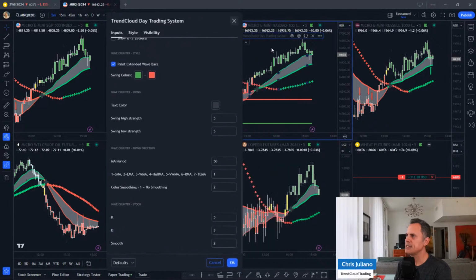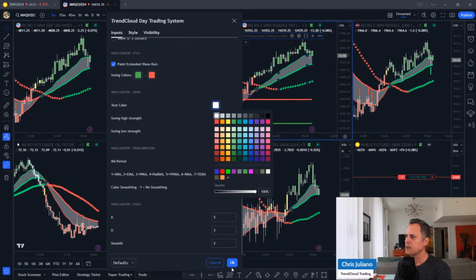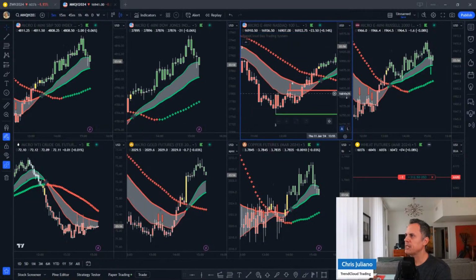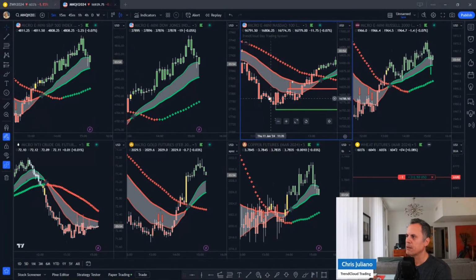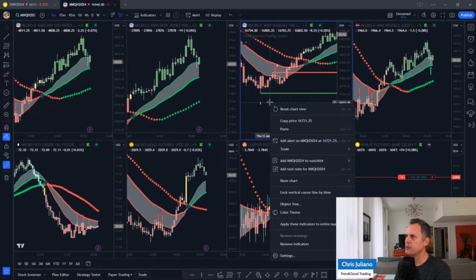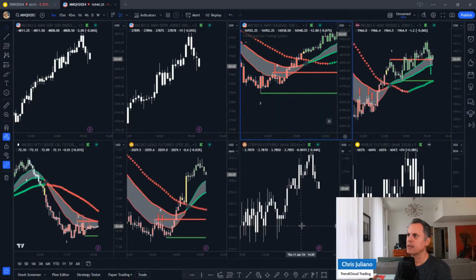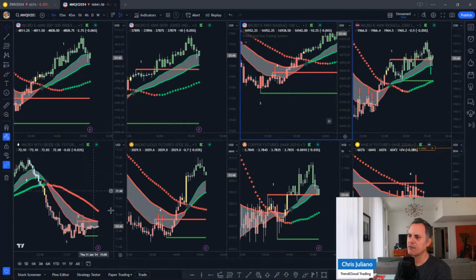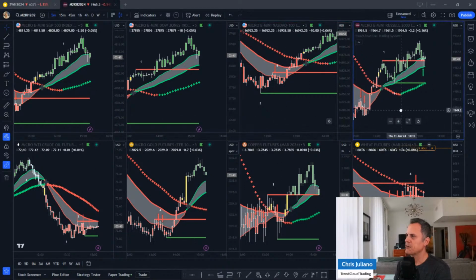See, we can't see the color of the text on here. Make it white, and now you'll be able to see, and there you go. Now we're going to add these to the entire layout, and now we've got everything on the entire layout.